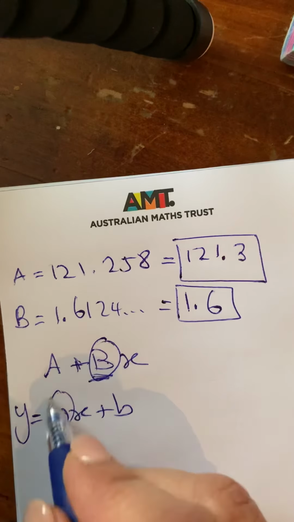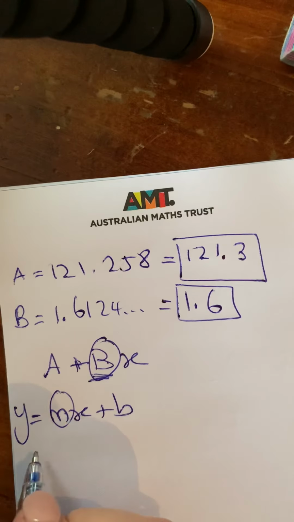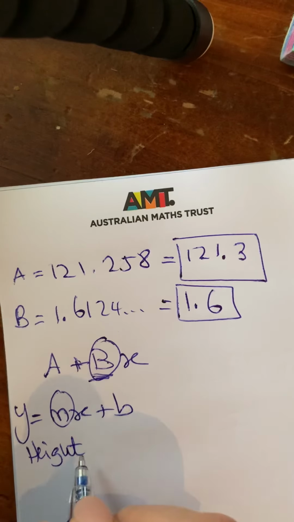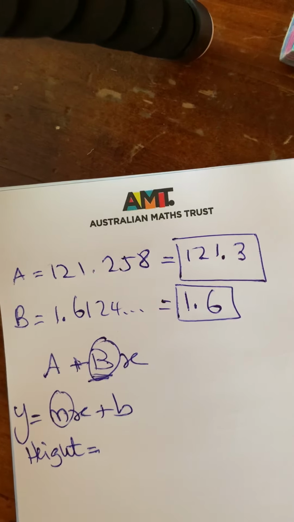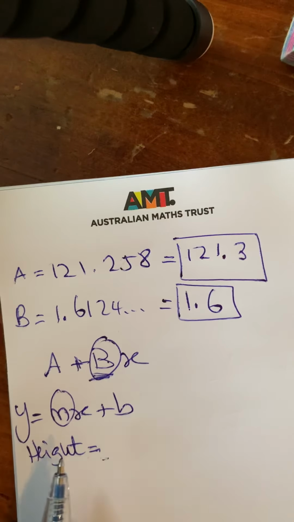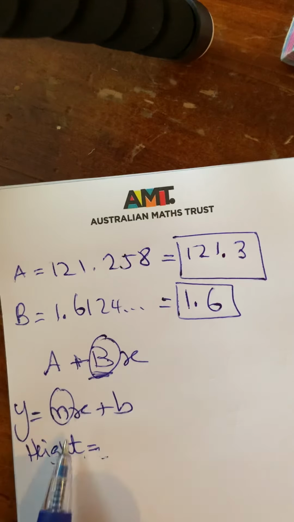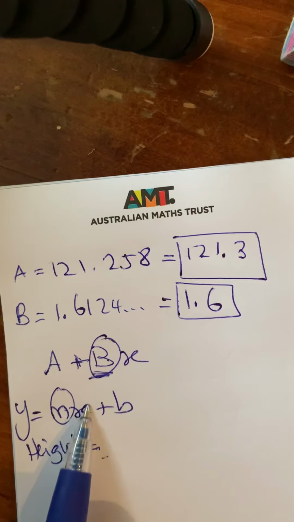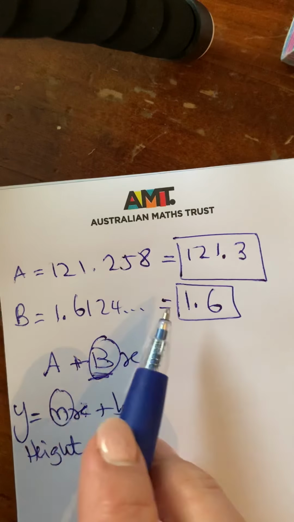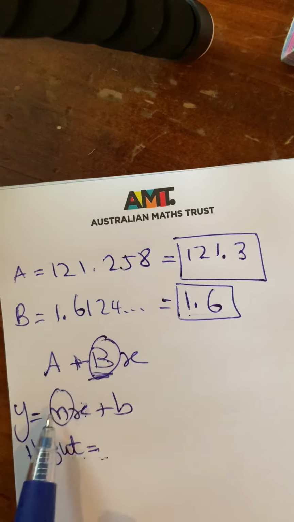So if I'm going to write the equation of this line, I'm going to write height. The height of a person, because remember, that's the vertical axis, is related to the length of their humerus, x, I'll leave it as x, by B, which is 1.6, the same as m.